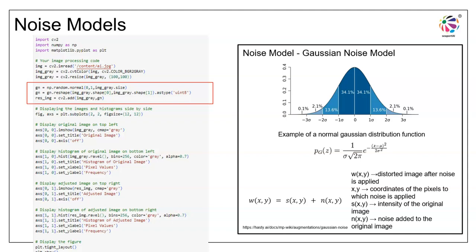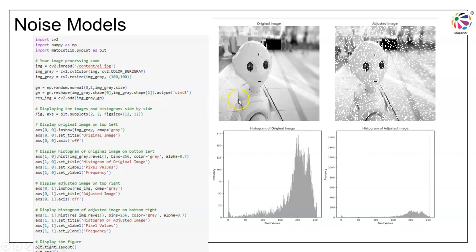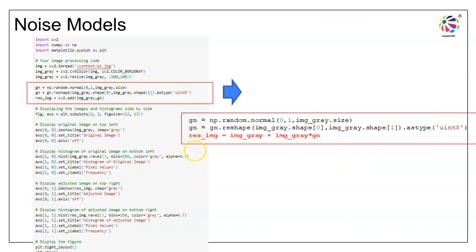So in summary, these lines of code are generating a noisy version of a grayscale image by adding Gaussian noise to it. After the addition, we see the original image and adjusted image. As you can see, there is quite a bit of noise in this image, and we are seeing that in the resultant histogram as well.